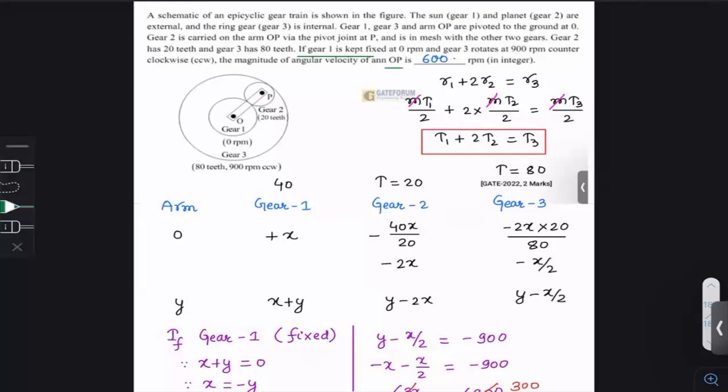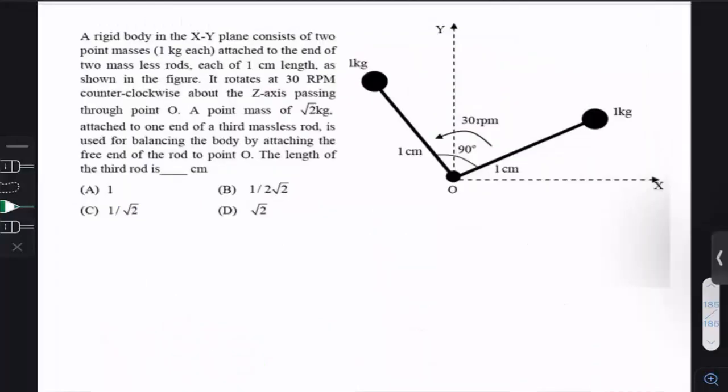Now see, everyone, the next problem. I have discussed the equation with you, my dear. In balancing, what is written? A rigid body in the xy plane consists of 2 point masses attached at the end of two massless rods, each of 1 centimeter length, as shown in the figure.